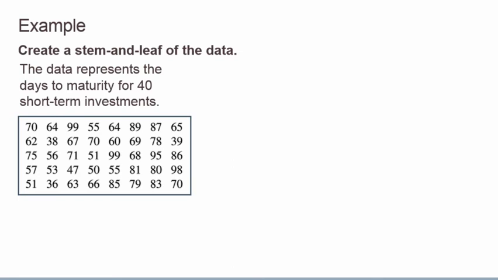My data set consists of 70, 62, 75, 57, 51, 64, 38, 56, 53, 36, 99, 67, 71, 47, 63, 55, 70, 51, 50, 66, 64, 60, 99, 55, 85, 89, 69, 68, 81, 79, 87, 78, 95, 80, 83, 65, 39, 86, 98, 70.